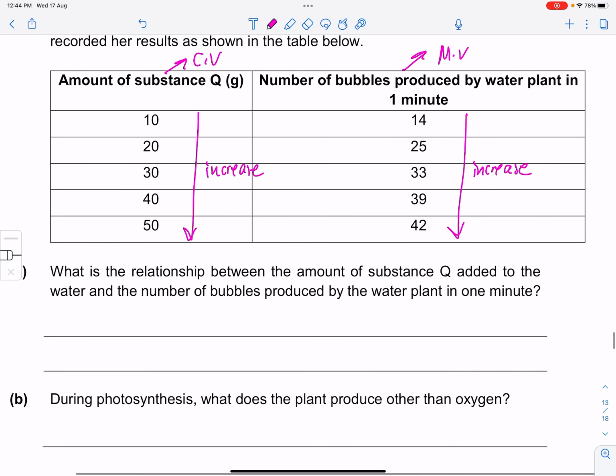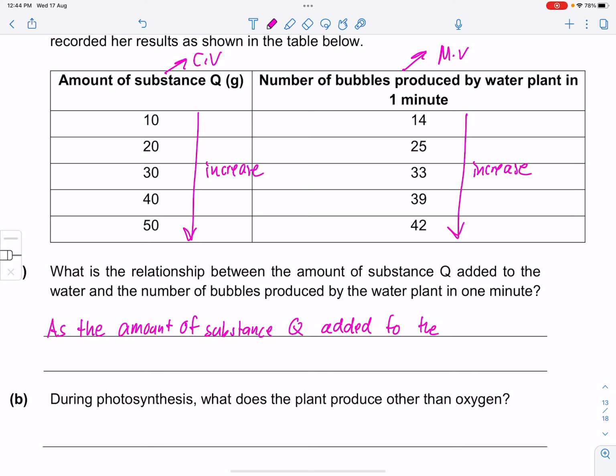Now, what is the relationship between the amount of substance Q added to the water and the number of bubbles? Very straightforward because you have already indicated over here. So the answer would be: as the amount of substance Q added to the water increases, the number of bubbles produced increases.